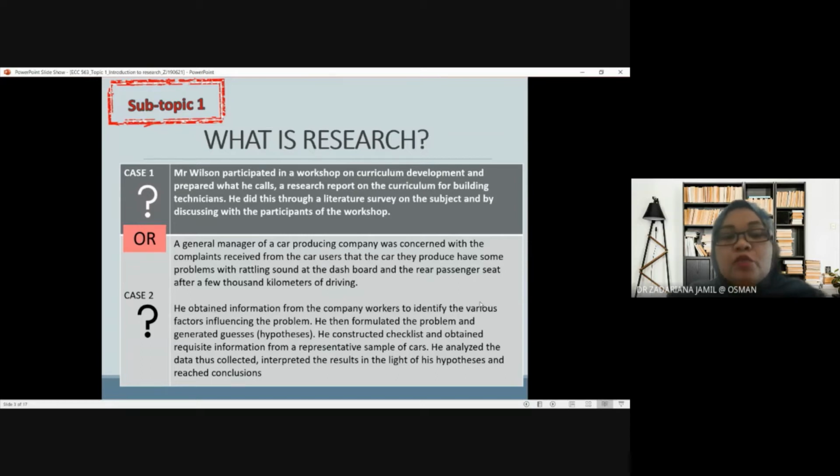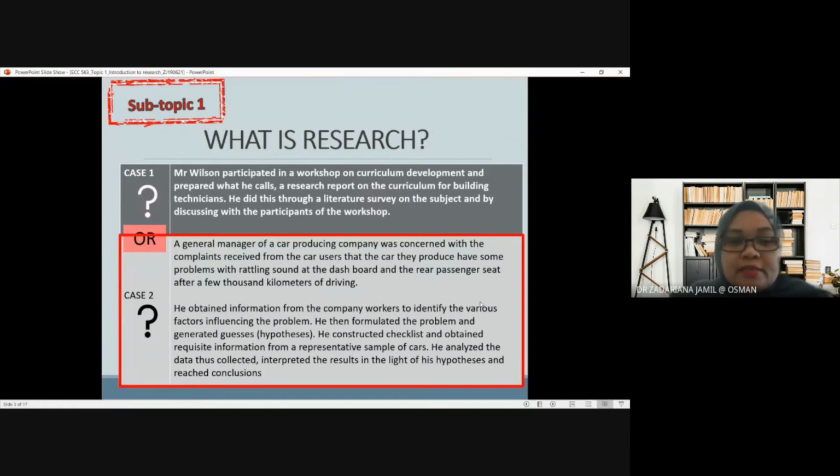Do you think case 2 is a research? Yes, case 2 is a research. Why?